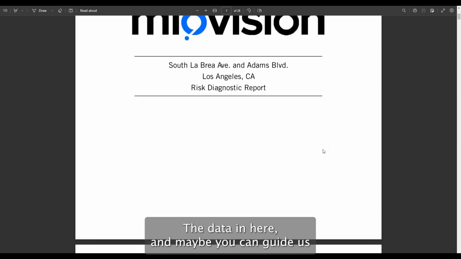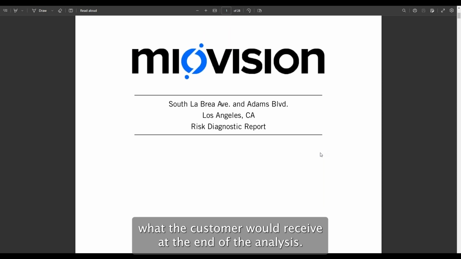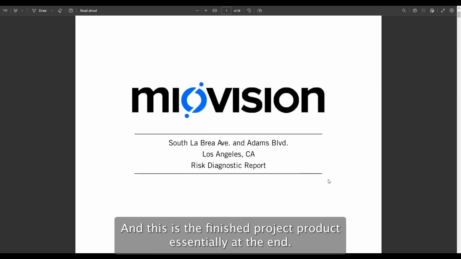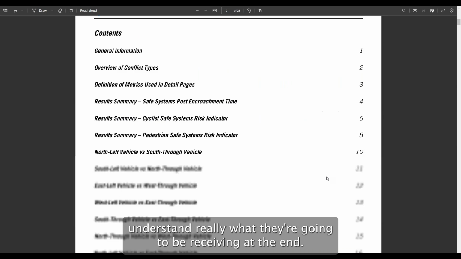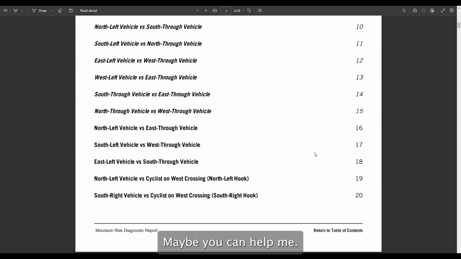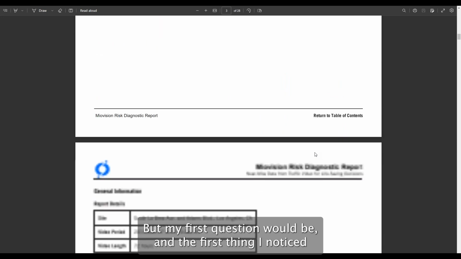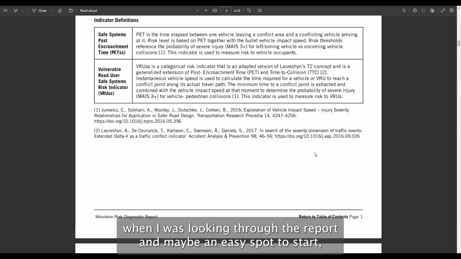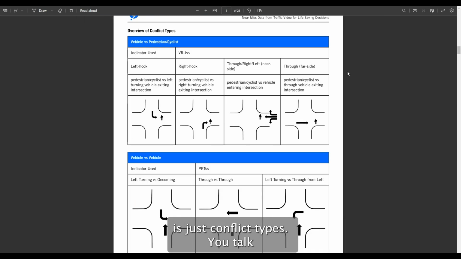Maybe you can guide us through a little bit, because this is ultimately what the customer would receive at the end of the analysis, the finished product essentially. So it'd be good to help our customers understand really what they're going to be receiving at the end. The first thing I noticed when looking through the report, and maybe an easy spot to start, is just conflict types.